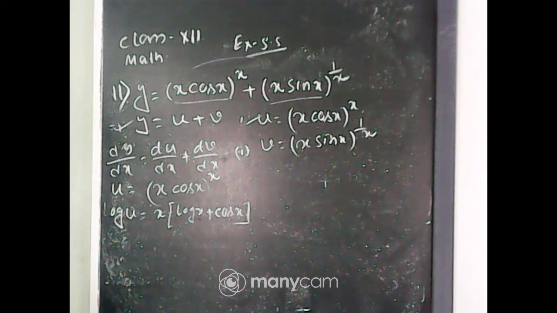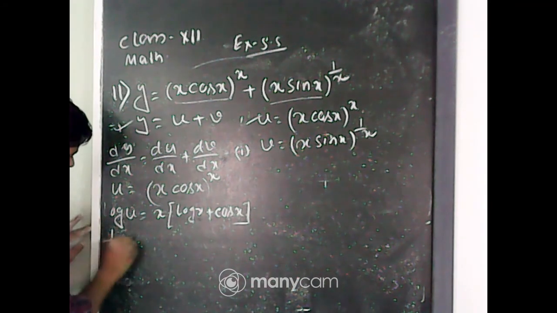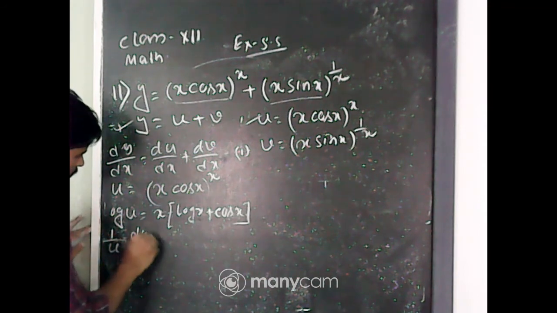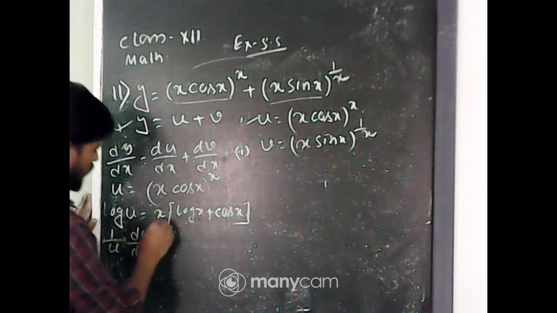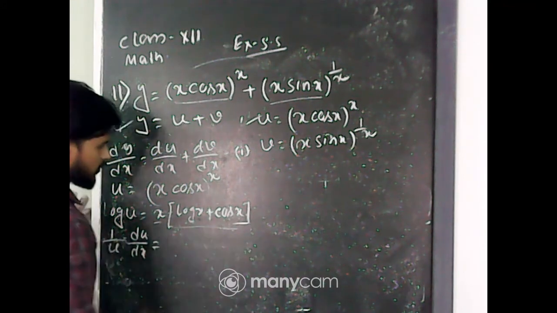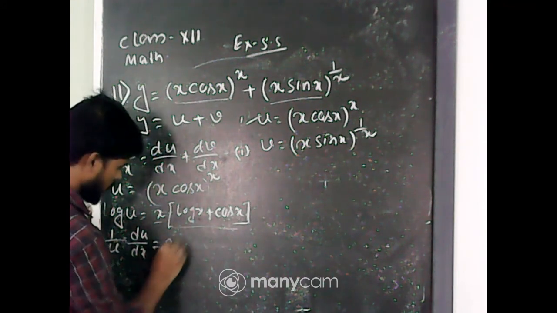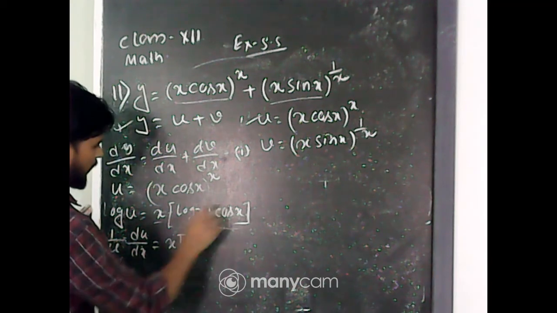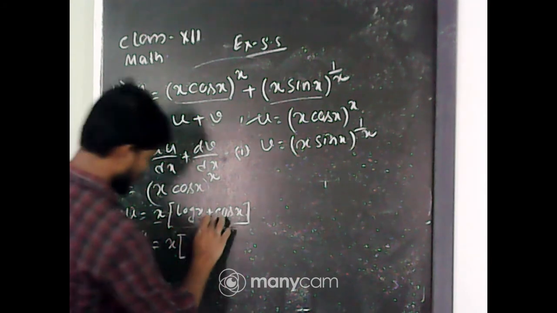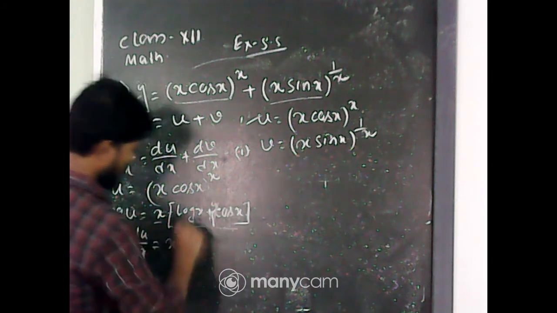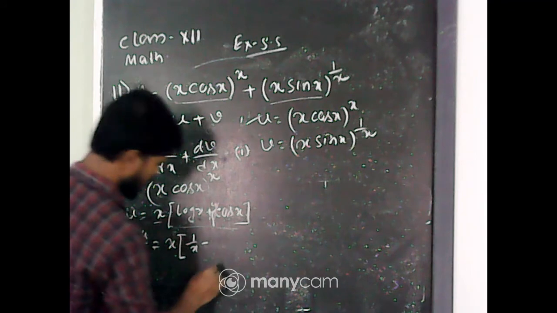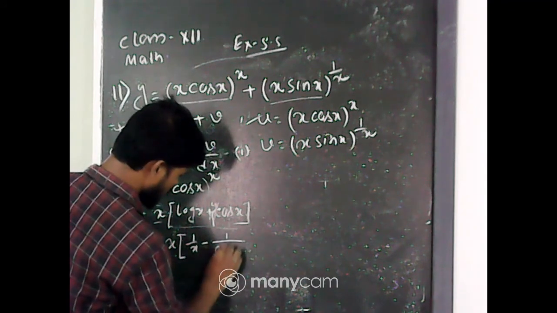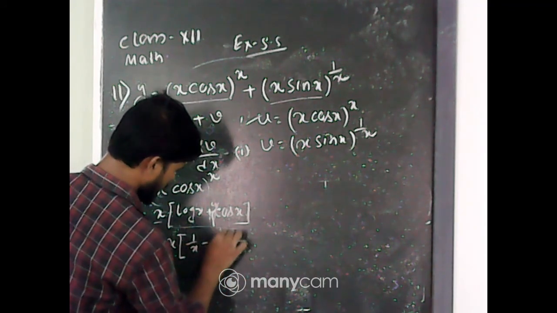Now differentiate it with respect to x. We have 1 by u du/dx is equal to, now look, this is the first function and this is the second function. So the first function is fixed, and the derivative of the second is log of x cos x, and differentiation of this term gives 1 by x minus 1 by cos x into sin x.